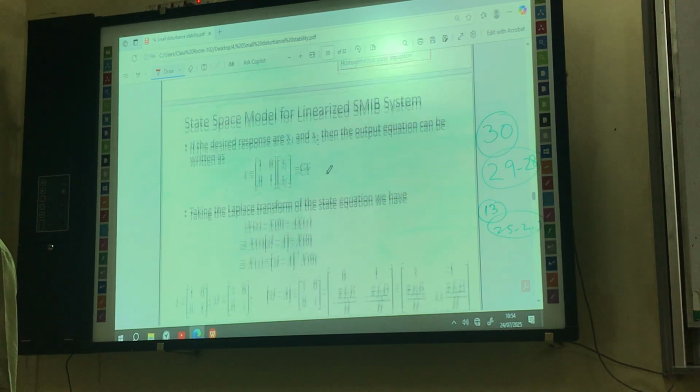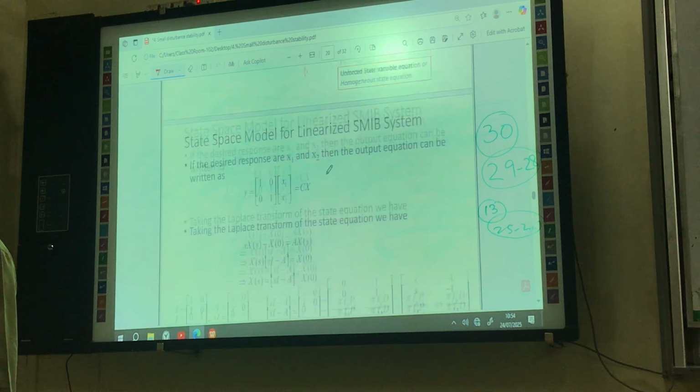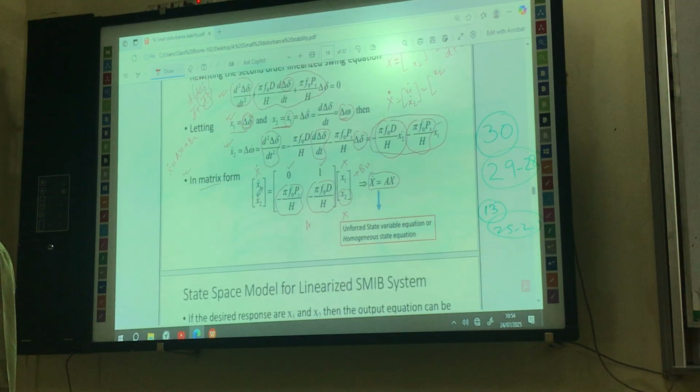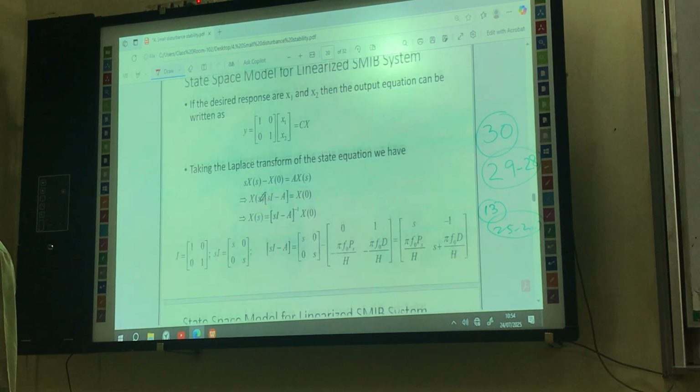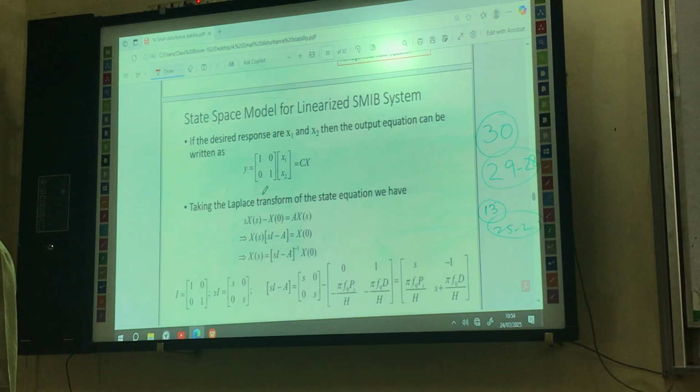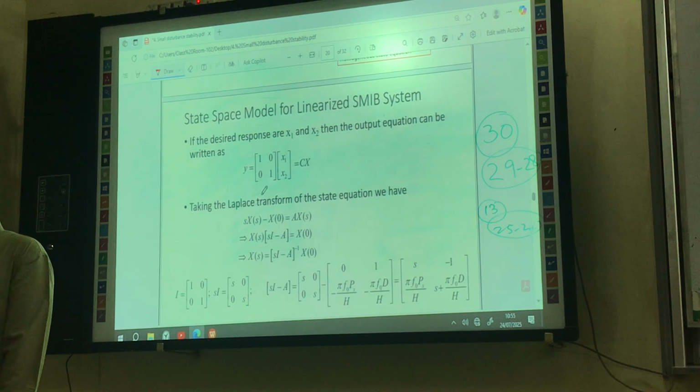So now we want to start from this slide. This is our input equation, x1 dot and x2 dot. Now we can also formulate the output equations. Let's say our output vector is y, and there are two outputs, x1 and x2. How can we write the output equation?